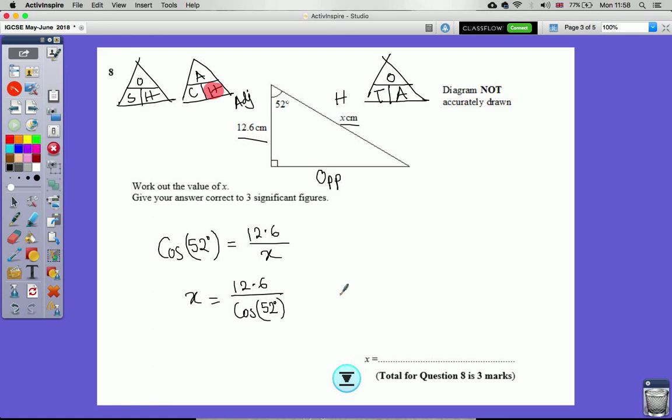You have to give it to three significant figures. So to three significant figures, it's going to be 20.5 centimeters. 3-mark question.